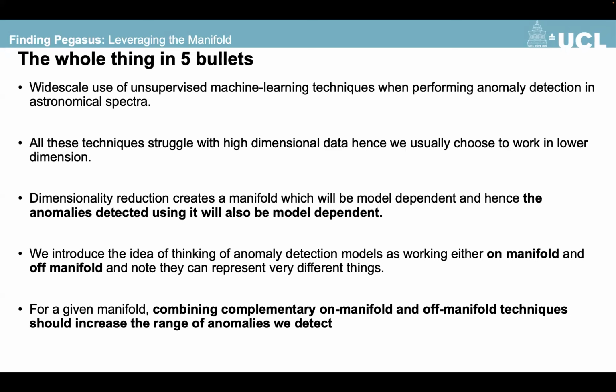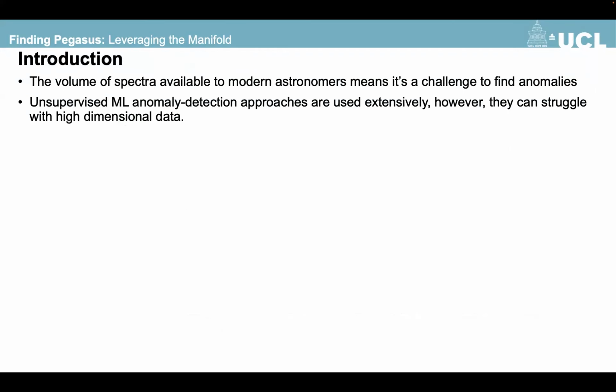But dimensionality reduction creates a manifold, which will be model dependent, and hence the anomalies detected using it will also be model dependent. So we introduce the idea here of thinking of anomaly detection models as working either on manifold or off manifold, and note that they can represent very different things. And then for a given manifold, combining complementary on manifold and off manifold techniques should be able to increase the range of anomalies we detect.